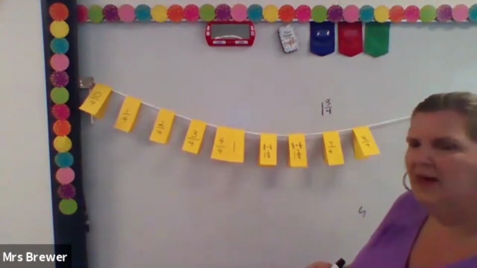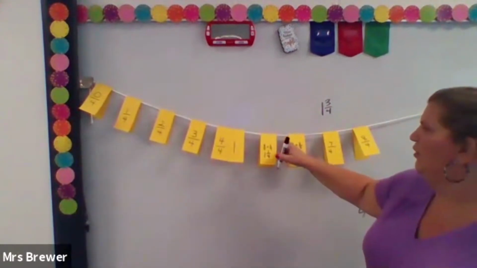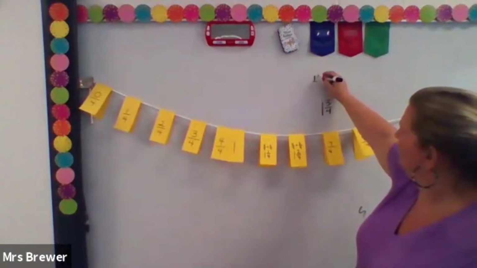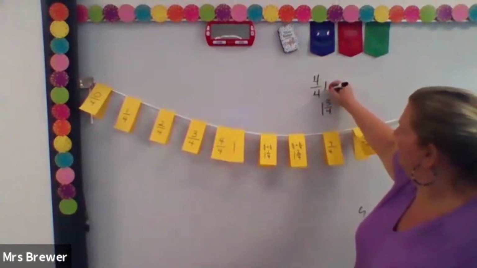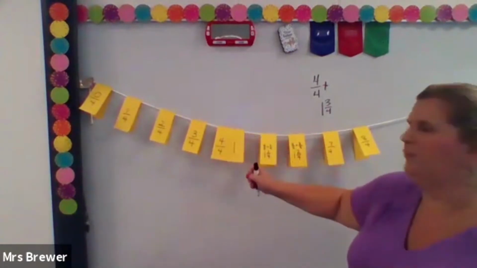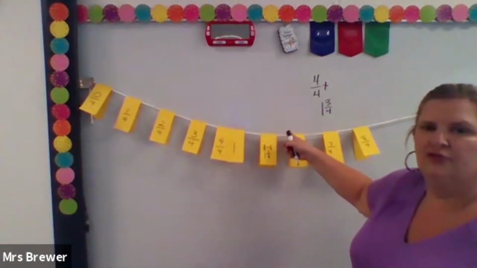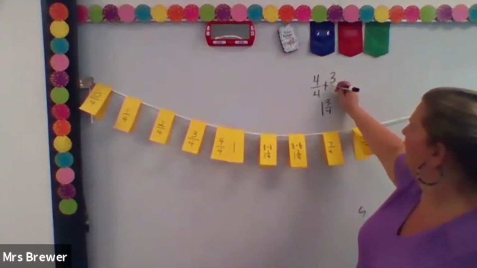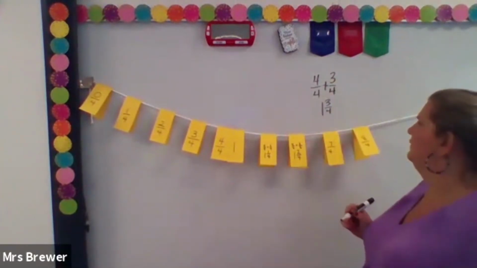Okay? And that is because we had 4 fourths, right? That's 1 whole. Plus, how many more fourths do we have after the 1 whole? We had 1, 2, 3. You're exactly right. So 3 what? 3 fourths. Okay?